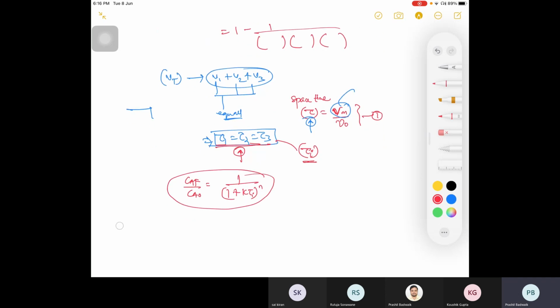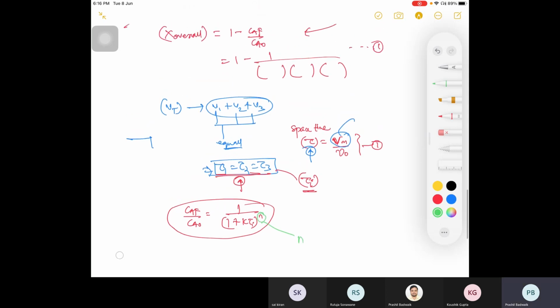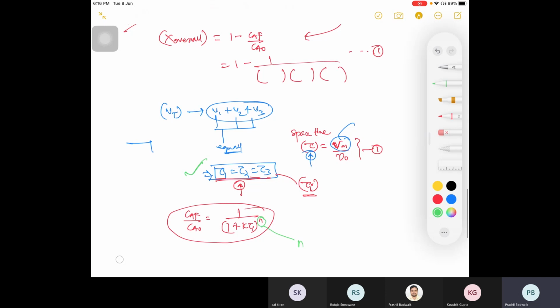Okay, from here I wanted to convey that suppose you have n number of CSTRs. I am writing here n. In the initial case, where we studied tau 1 is equal to tau 2 is equal to tau 3, here n was equal to 3.